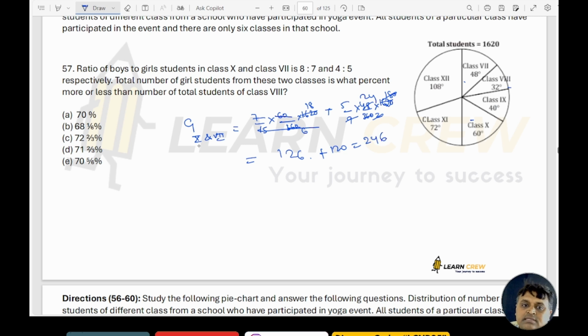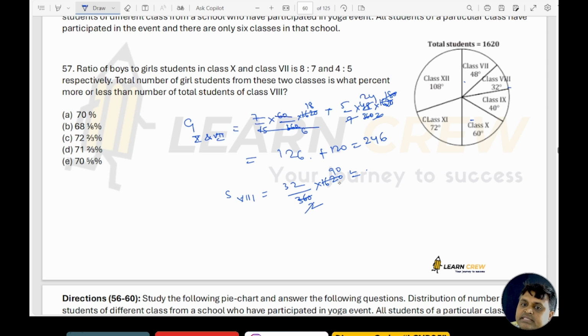So the girls in 10th and 7th are 246. Now class 8 is 32 degrees, so 32 by 360 into 1620. Simplifying, we get 144.